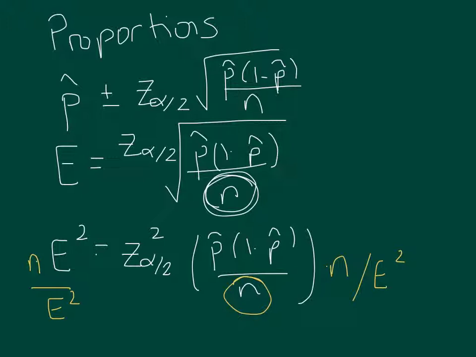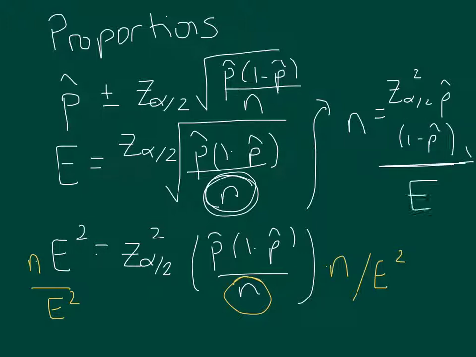If we do all of that, we get n equals z alpha over 2 squared times p hat (1 minus p hat), all on top, divided by E squared. Sorry, that formula is not the best. So we have z alpha over 2 squared, p hat (1 minus p hat) in the numerator, and that's all divided by E squared, and that's how we'll find n for problems that involve p hat. This is all in the numerator, and this is the one thing in the denominator.